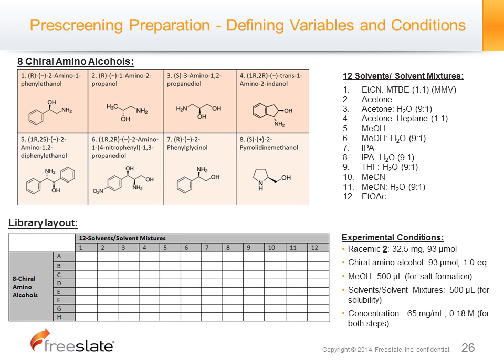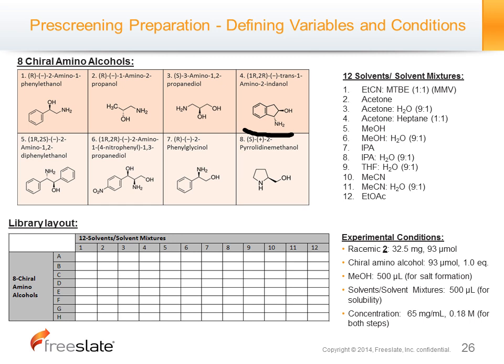So let's look at this. Before we do the screening itself, we have to think about what we're going to screen. As you can see here, we picked 8 chiral amino alcohols, including the one that they have screened.